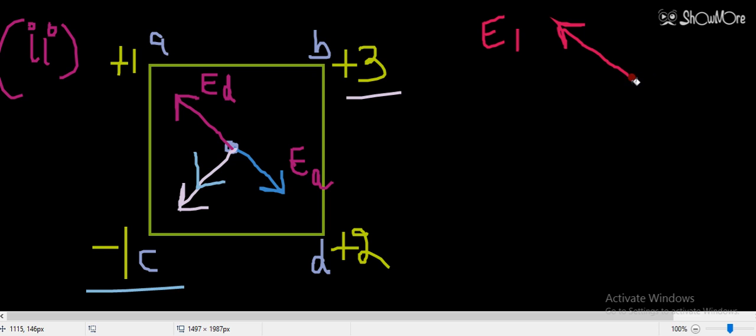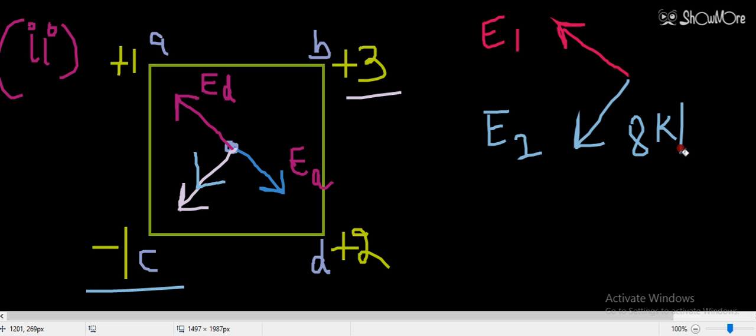This is the direction of E2, and it has magnitude 8k by A square, and the magnitude of E1, the upward one, is 4k by A square.